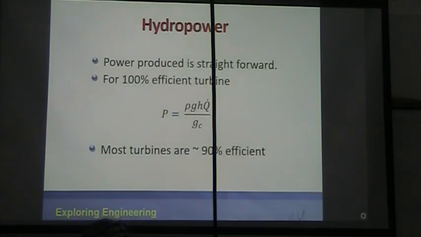The amount of power that we produce is very straightforward. Here, you'll notice I put in a new equation because the old one was just so screwed up. The power is equal to the quantity rho times g times h times Q dot, which means it's the flow rate, and all of that is divided by g sub c.